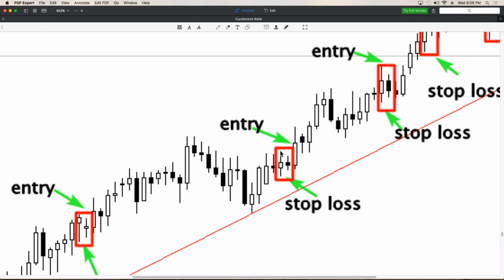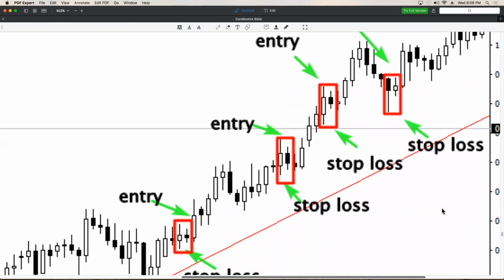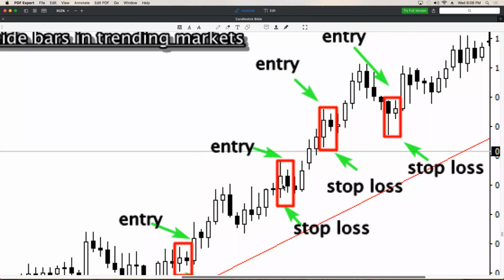If you drew a horizontal line, matter of fact, you see right here, boom, boom, boom, it broke out. That's the entry for the uptrend. And the stop loss is below the mother. Everybody see that? Yeah. Because we want to learn this stuff. Now, you see this mother here?